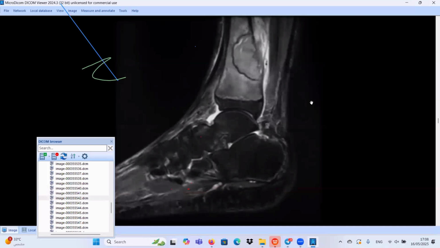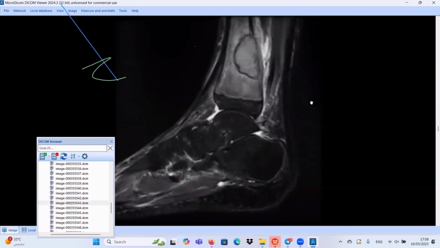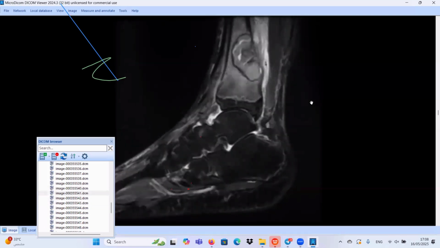There is no soft tissue component, and so this confirms the finding of a non-aggressive lesion, like non-ossifying fibroma in this case. Okay, totally agree.